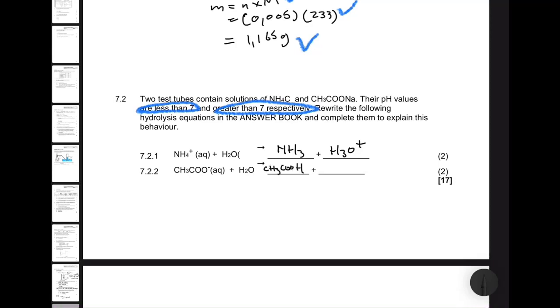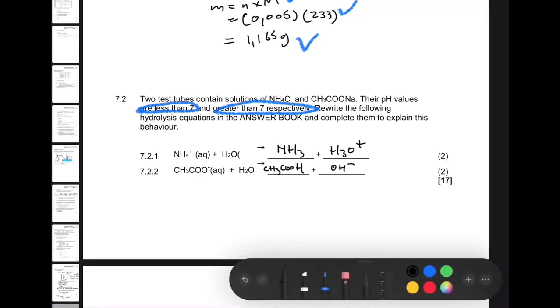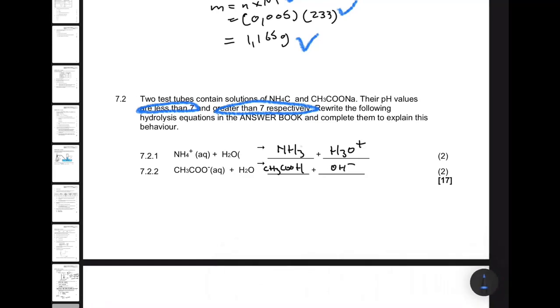There we go, we have gained a proton, and the proton is coming from H2O, right? So the H2O now will be OH-, and the hydrogen that NH4+ lost came to H2O, right? So hence here we have H3O+.